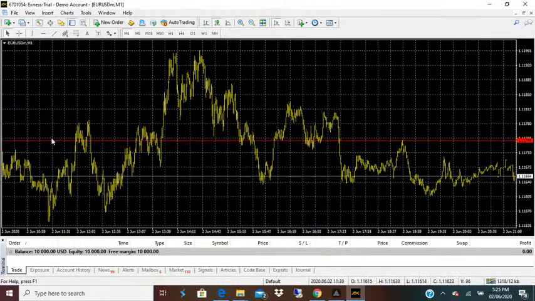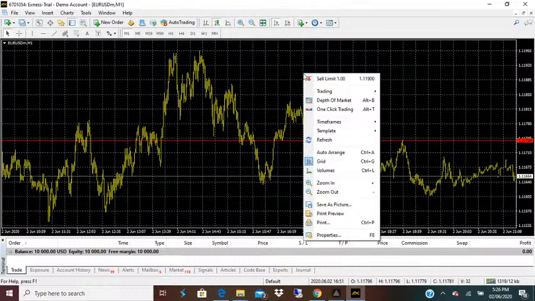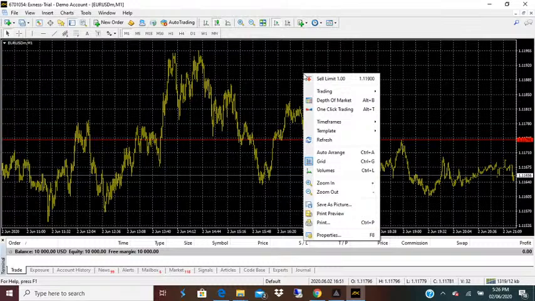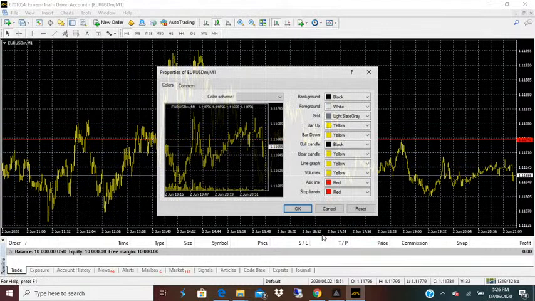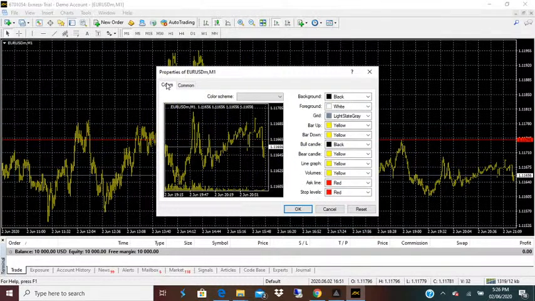On any space on the Euro USD chart, you click with your mouse, right click, go down to properties, and you would see colors, and then on the side you will set up your trading system, or you would have some options here if you want it this way, right?